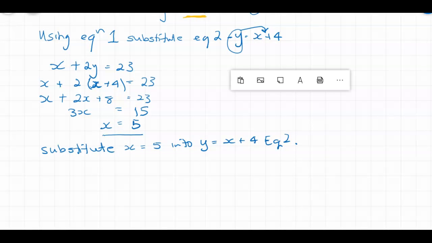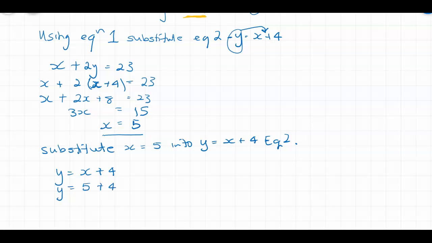So y equals x plus 4. I've just said that x is equal to 5, I've just worked that out. So 5 plus 4, y is equal to 9.